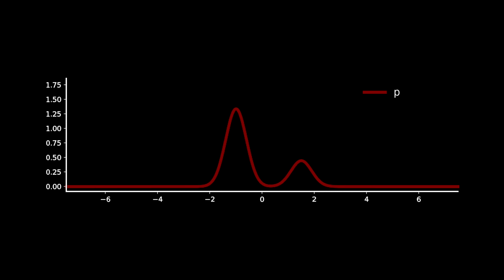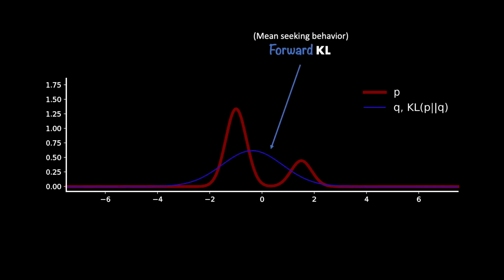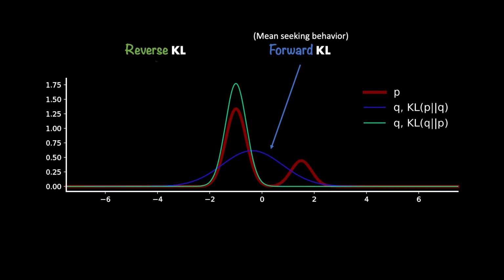Now our task is to approximate it using a univariate normal distribution Q. I will first show the result that I got when I use forward KL. As you can see, the approximation using forward KL sits somewhere in the middle of the two peaks, and hence we say that it has a mean seeking behavior. Now when I ran reverse KL, the approximation Q got zoned in on one of the peaks, and hence we say that it's a mode seeking behavior.